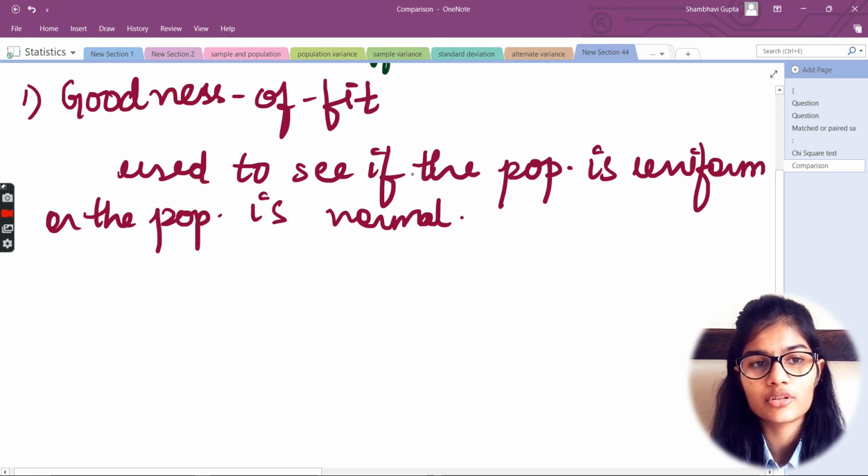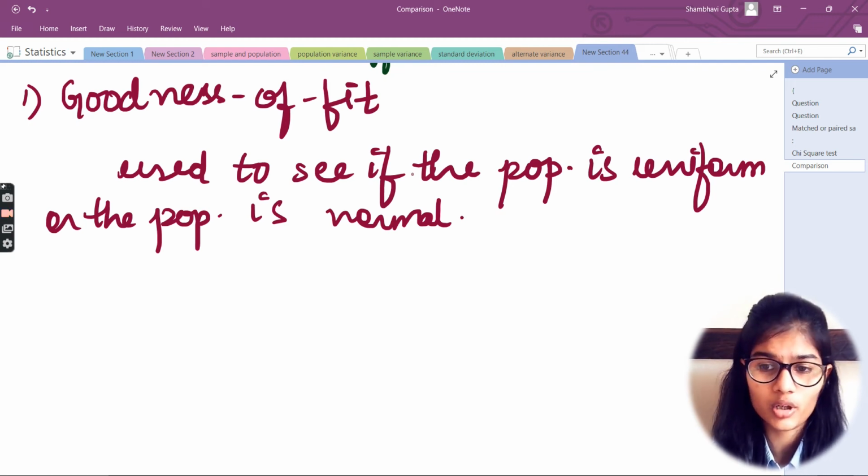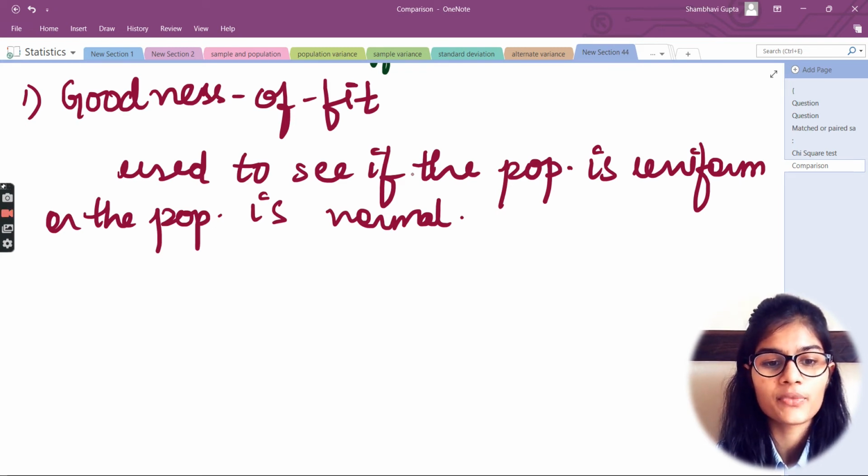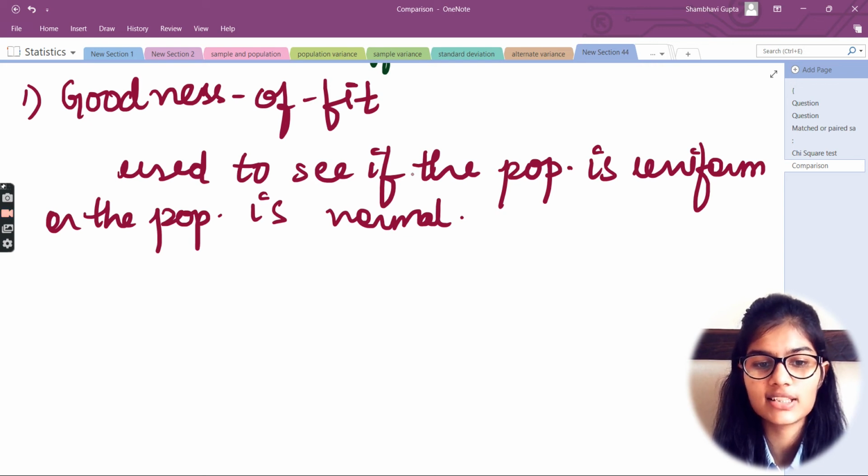Under this goodness of fit, we have the null and the alternate hypothesis. We have already discussed a lot in previous topics, and here as well I told you about the null hypothesis and the alternate hypothesis. The null hypothesis is denoted by H naught, and it says the population fits the given distribution.